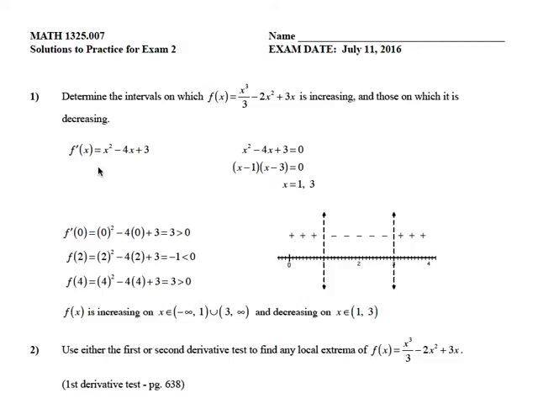So our derivative is x squared minus 4x plus 3. We need to find the zeros of that derivative, so we set that derivative equal to 0 and solve. X squared minus 4x plus 3 easily factors as the binomial x minus 1 times the binomial x minus 3, and those show that our zeros will be at positive 1 and positive 3.